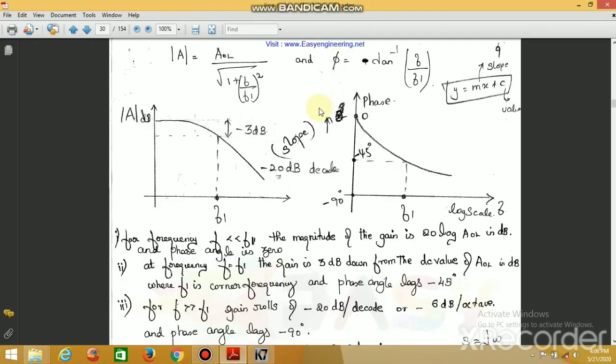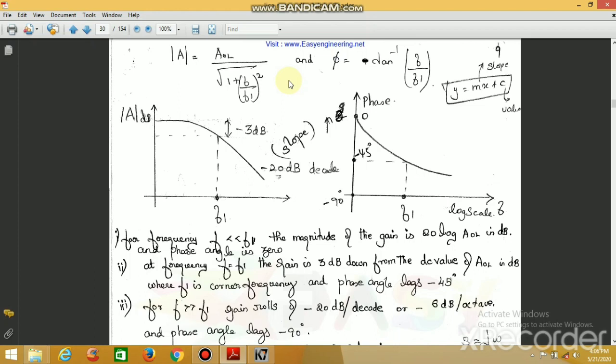When we take the modulus of the above equation, meaning removing the imaginary part, we get AOL divided by root of 1 plus f by f1 squared. So modulus of A is equal to AOL divided by root of 1 plus (f by f1) squared, and phi is equal to tan inverse of f by f1.